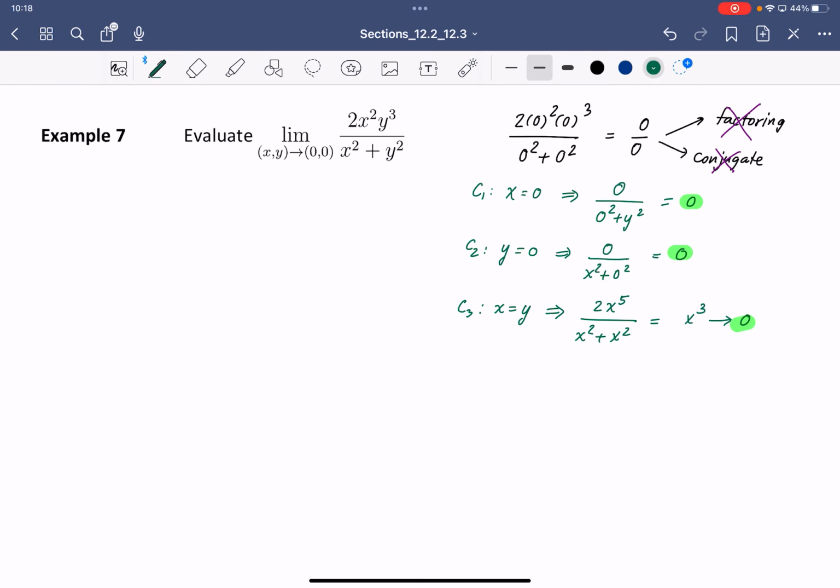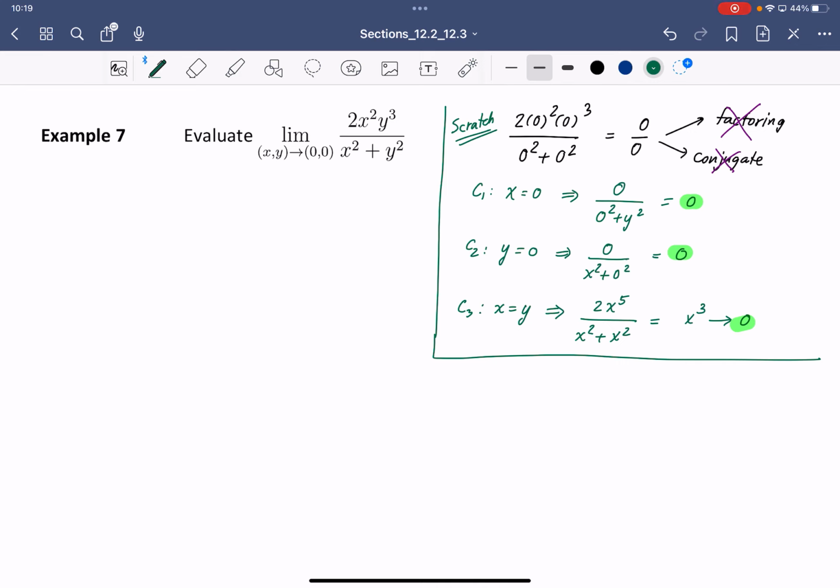When you cancel it out, you're going to get x to some power, which once you take the limit as (x,y) goes to (0,0), is going to go to 0. So it always goes to 0 here. That made you think that maybe the limit is actually 0. This is the scratch work.